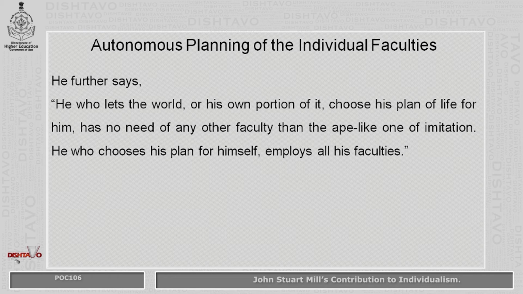A person has to organize all his faculties in a particular manner. So that's why autonomous planning of the individual faculties is an important feature of J.S. Mill's understanding of individualism.